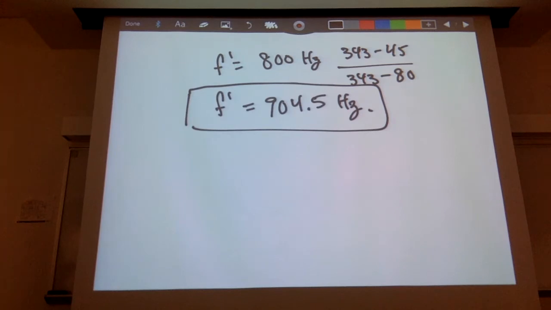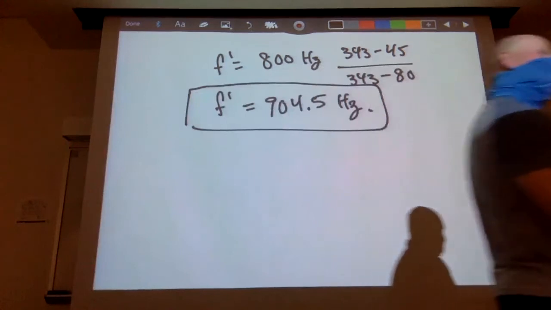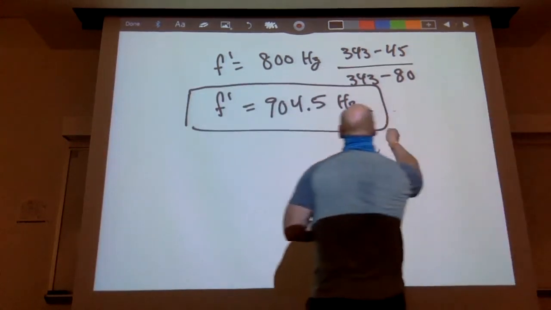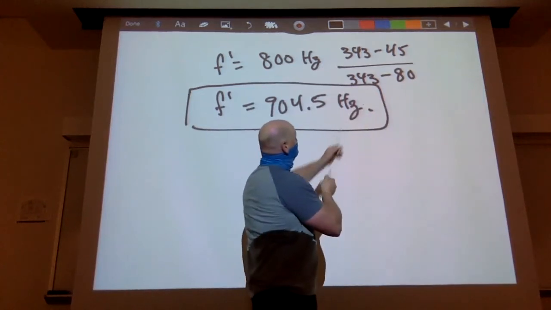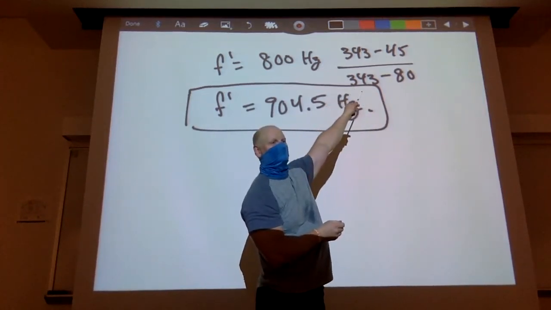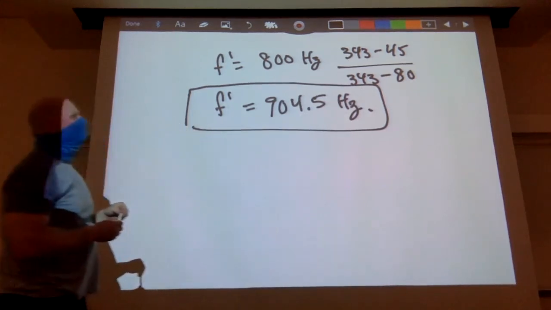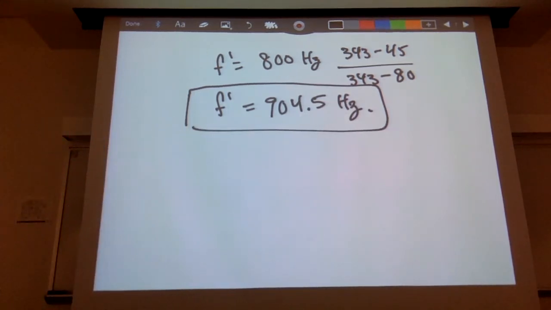Okay? What's up, Dylan? Right, so in that case, if the police car was moving, but the car was not, the only difference is that 45 would be a 0. So in that case, then, that's an interesting question.